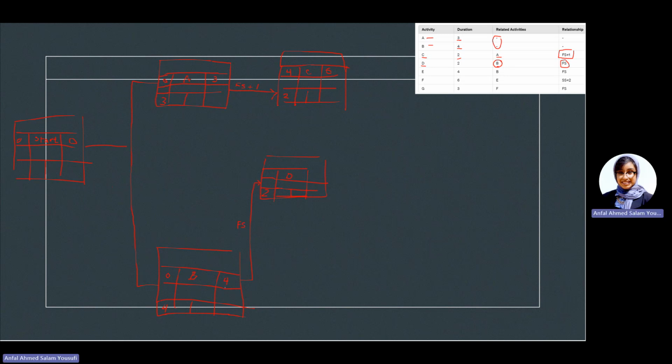The earliest you can finish B is 4, so that is the earliest you can start activity D. Then the earliest finish is 4 plus 2, that is 6. Hope you guys are understanding it and you're not having any issues.